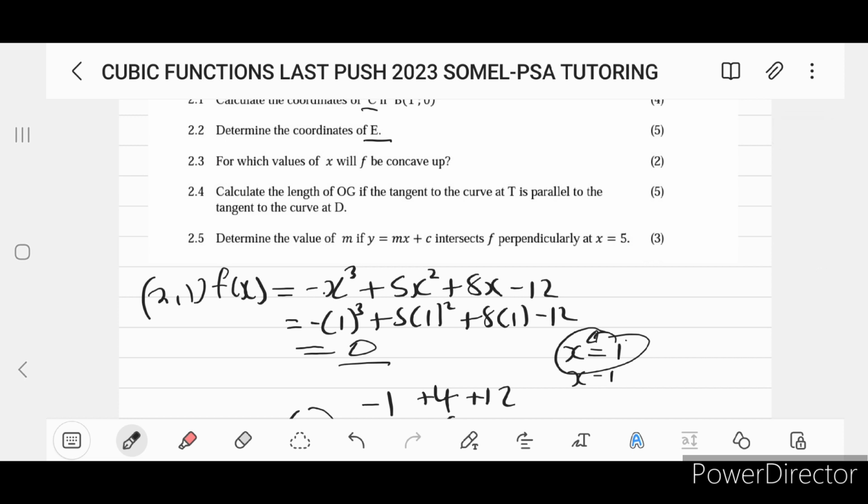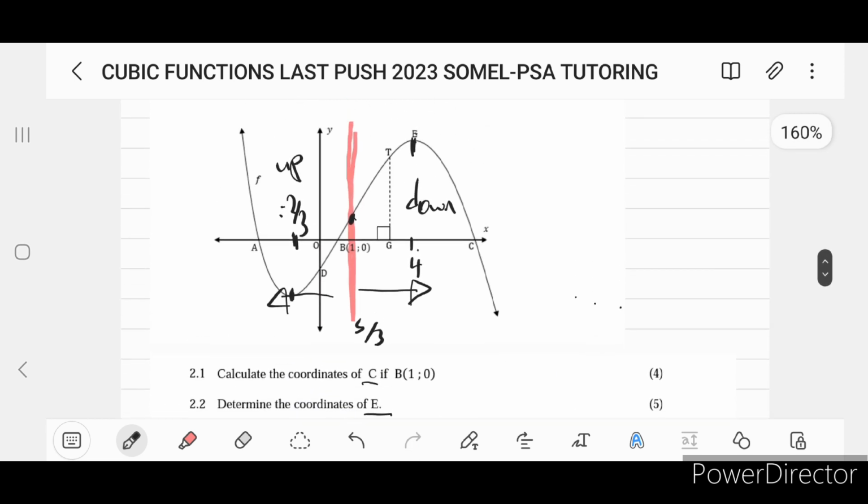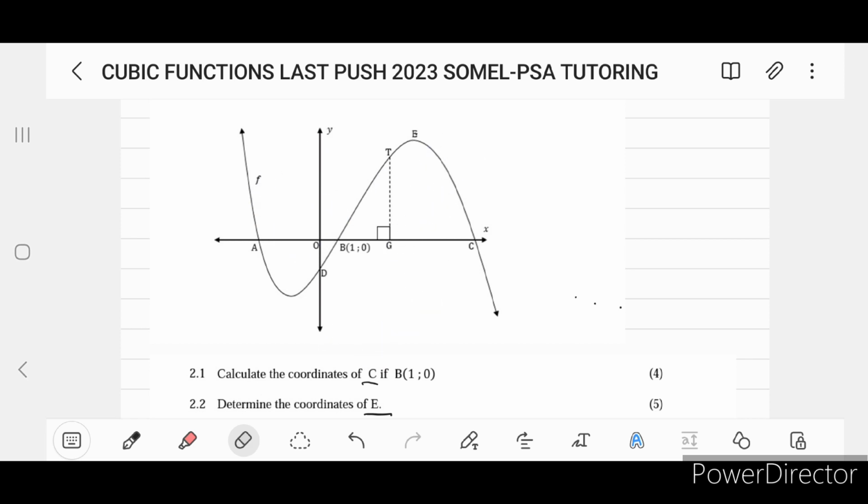And then we come to the tangents. Calculate the length OG if the tangent to the curve at T is parallel to the tangent to the curve at D. So now if there's a tangent here, they say it is parallel to the tangent here.